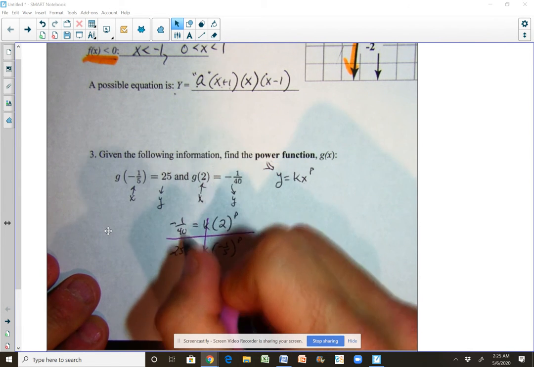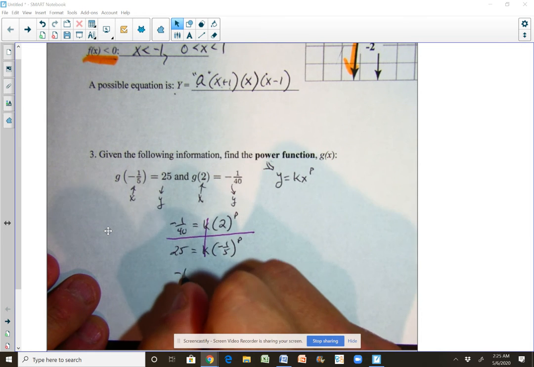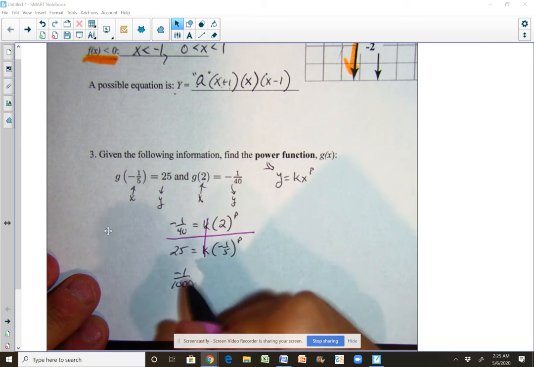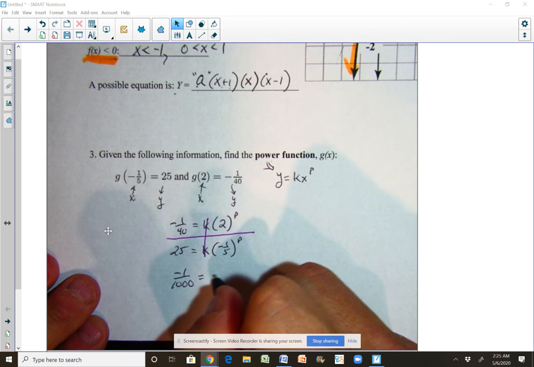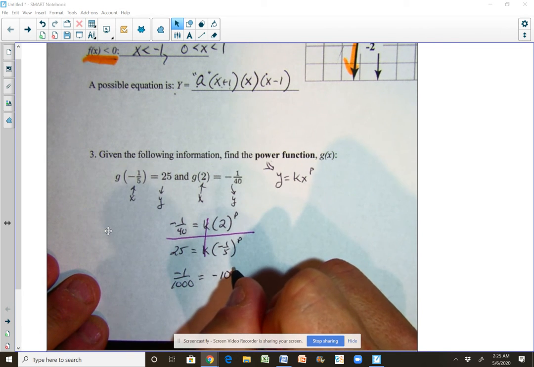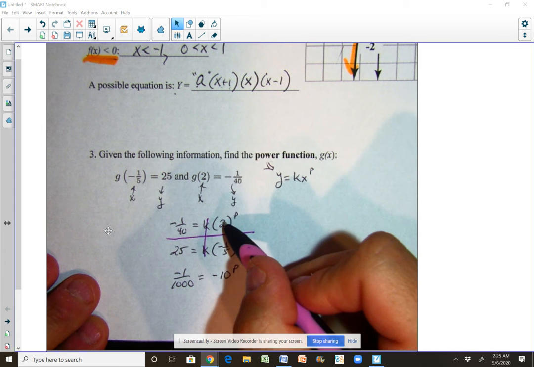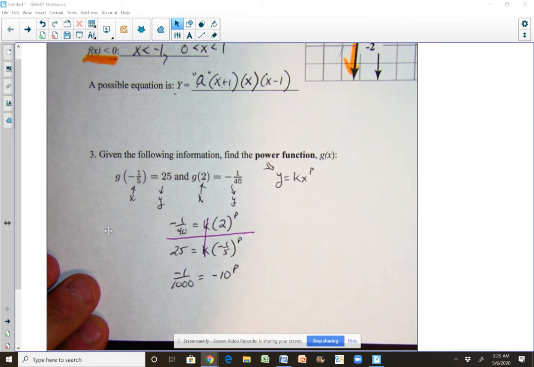So negative 1/40 divided by 25, you can use a calculator, comes out to be negative 1/1000. The k's cancel. 2 divided by negative 1/5 comes out to be negative 10, and this is raised to the p. Remember, when you have two bases with the same exponent, you can divide the bases to the same exponent.